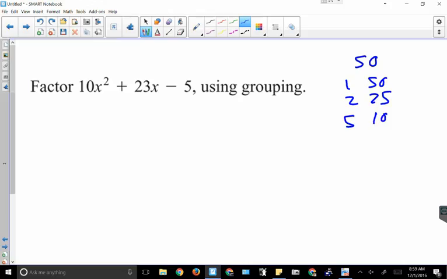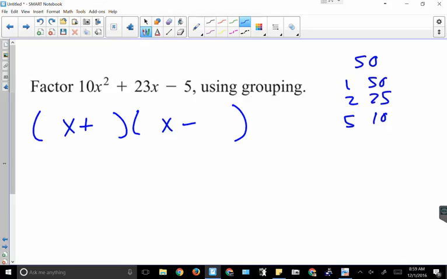Now, I do know that it's got to factor out as x and x. 1 is plus, 1 is going to be minus, correct? Are there any factors here that, when I find the difference of them, the difference is 23?